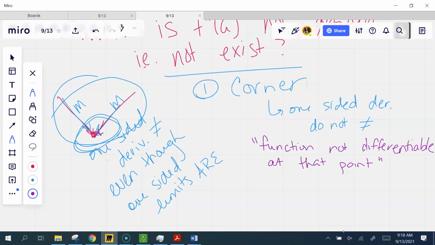Not necessarily, it depends on the graph. They could. What I'm saying is the derivative doesn't look the same, right? So if the derivative looks the same, the original has to be different, right? Yes.